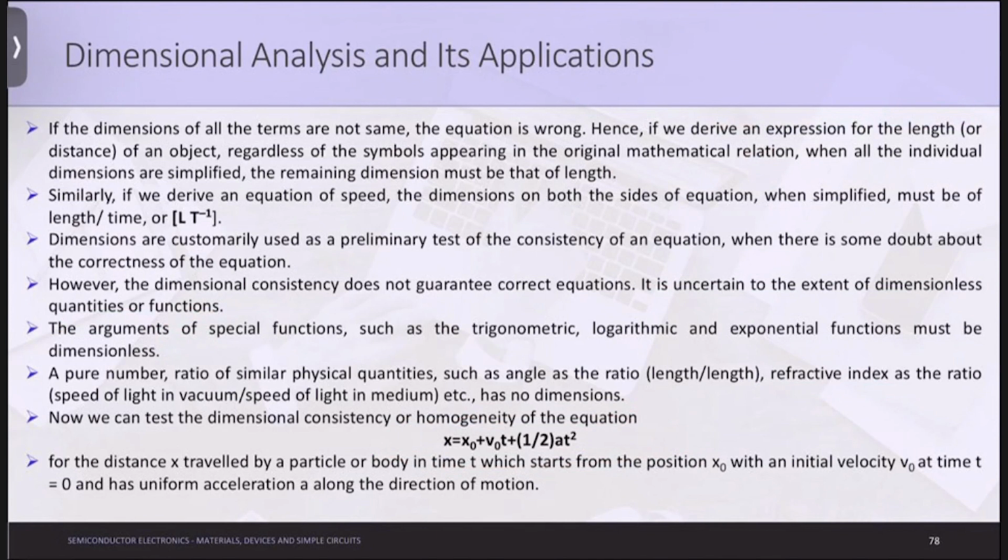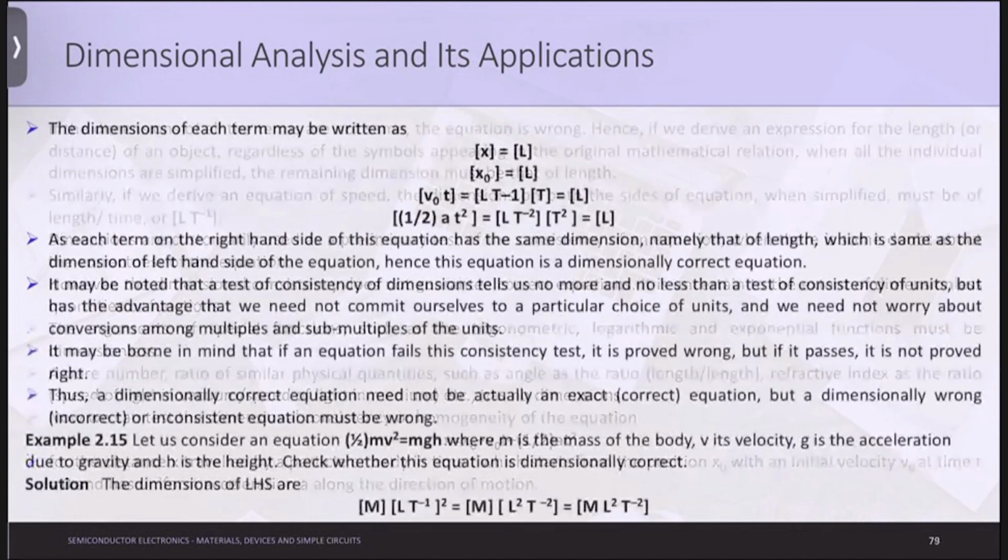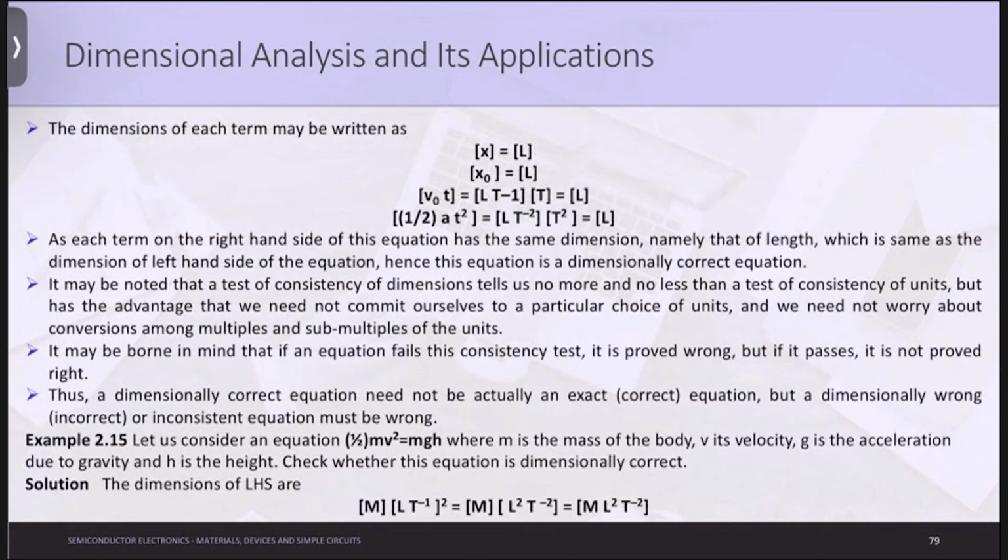Okay. So for the distance x traveled by a particle or body in the time t, which starts with distance x naught with a velocity v naught at time t equal to 0 and has a uniform acceleration along the direction of the motion. The dimension of each term can be written as, x equal to x naught plus v naught t plus half a t square. As you can see clearly, the dimension of the left hand side was L only, and the dimension of each and every quantity on the RHS was L only.